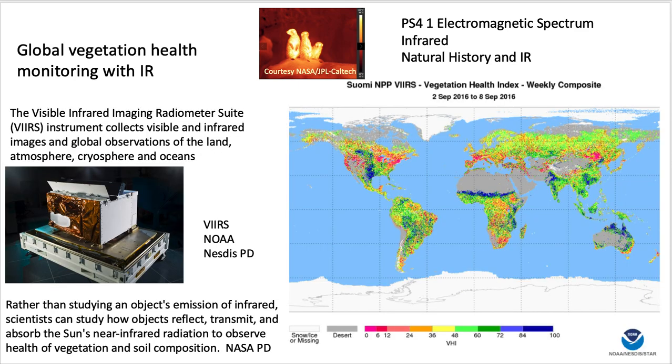And again here, with a visible infrared imaging radiometer suite on a satellite, using infrared to study the absorption and health of vegetation and soil composition, and doing so all over the world.